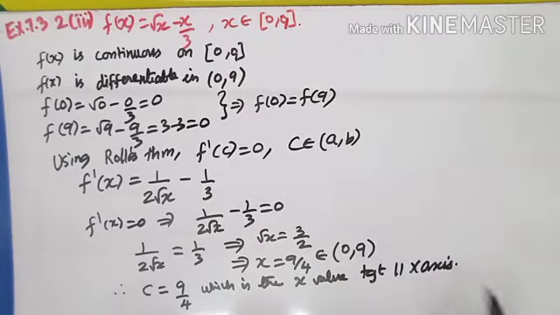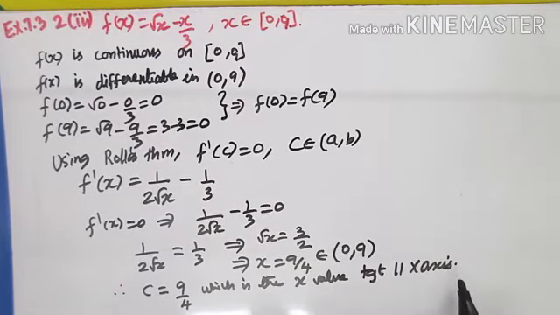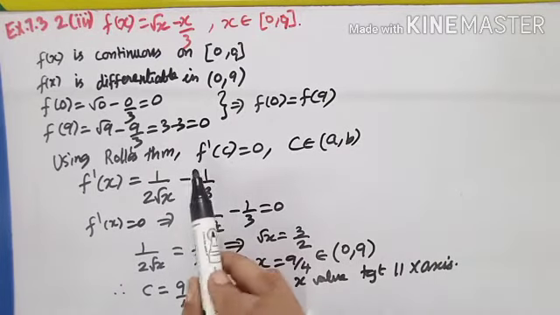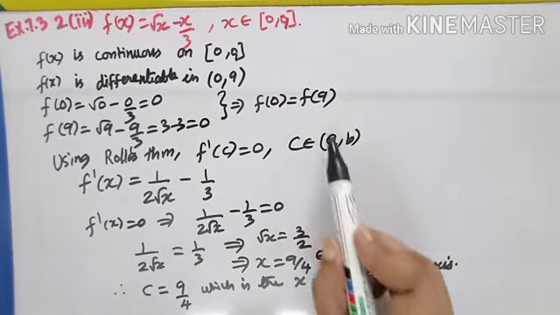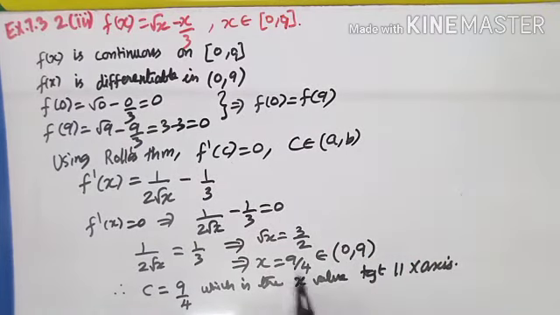The question says find the x value for which the tangent is parallel to the x-axis. The condition is that the first derivative is 0. For a particular point inside the interval, we have shown 9 by 4 is inside the interval. Using Rolle's theorem, the tangent is parallel to the x-axis at x equal to 9 by 4.